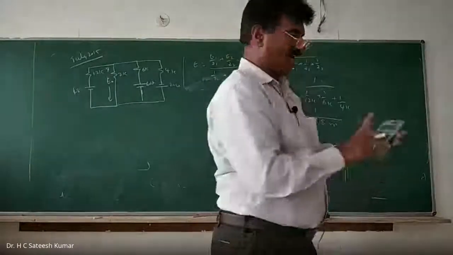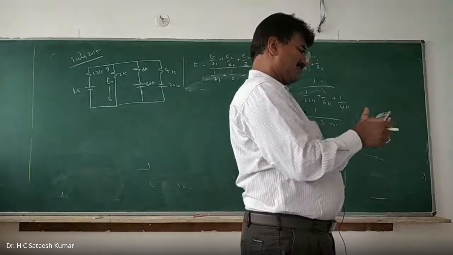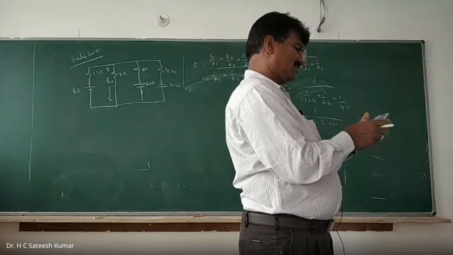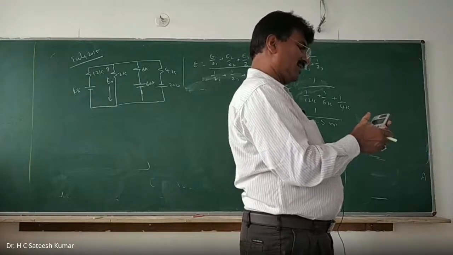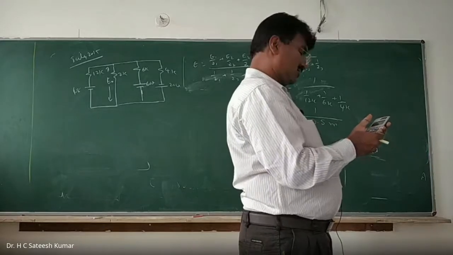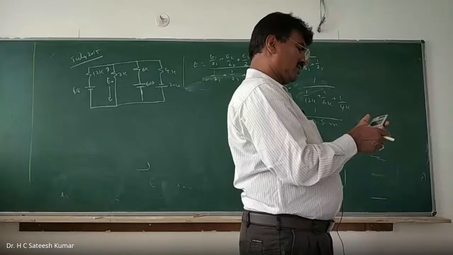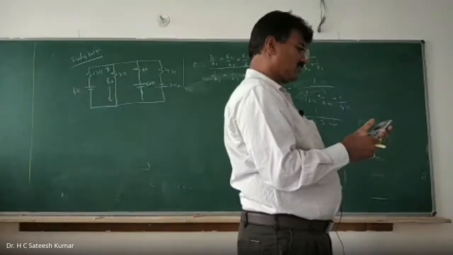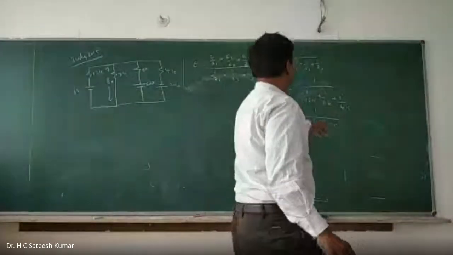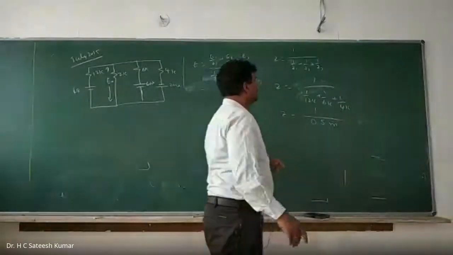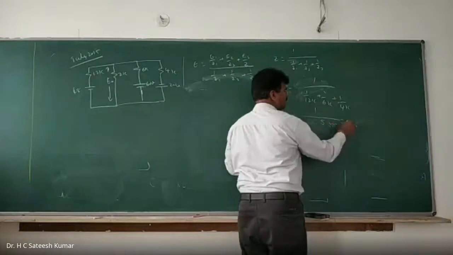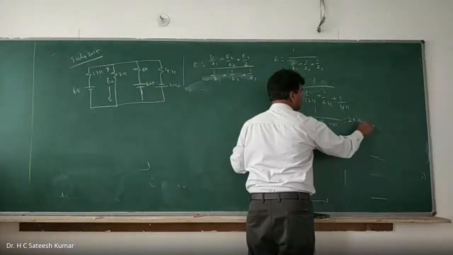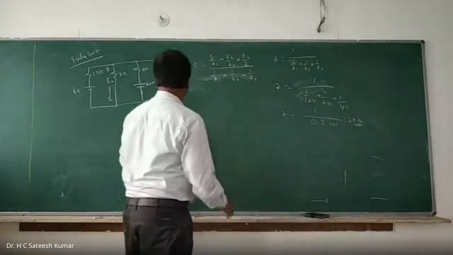Okay, right. So 12 1 by x plus 6 1 by x plus 4 1 by x equals 0.5. And k when it goes to numerator, it becomes milli here. So 1 by 0.5 is 2 kilo ohms, no? That is 2 kilo ohms. So now you find out E.